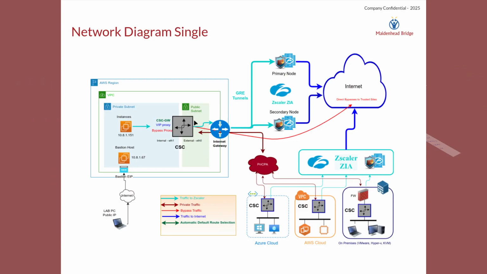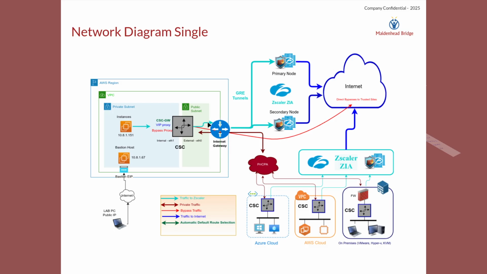In the previous videos, we were doing it with a single connector, the configuration to Zscaler, and also we did the configuration for bypasses, and finally we did the configuration for PriCPA. There are the three exits.